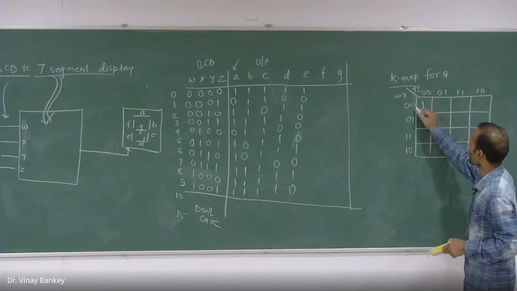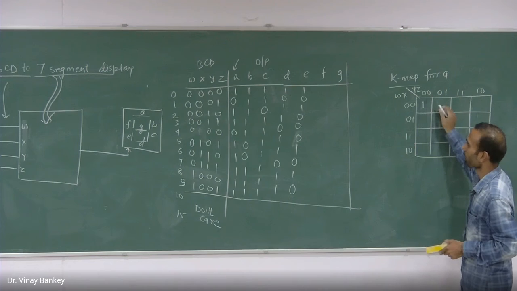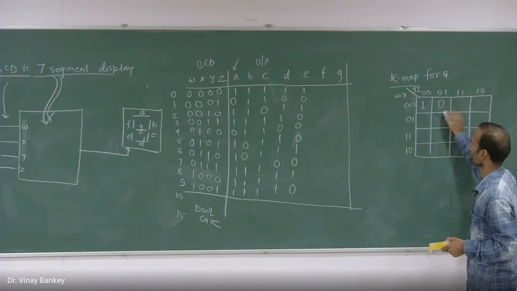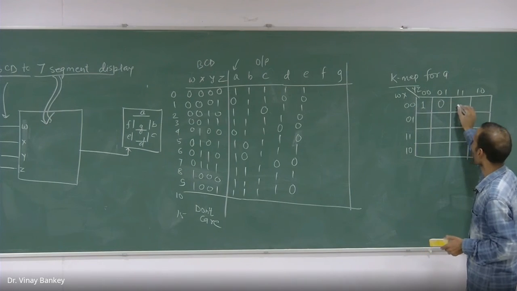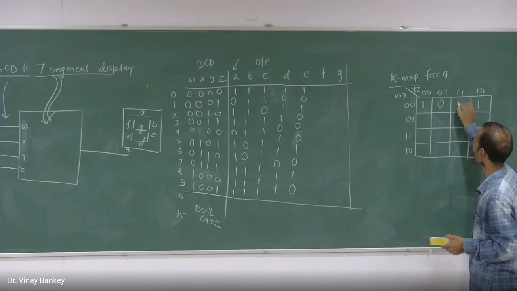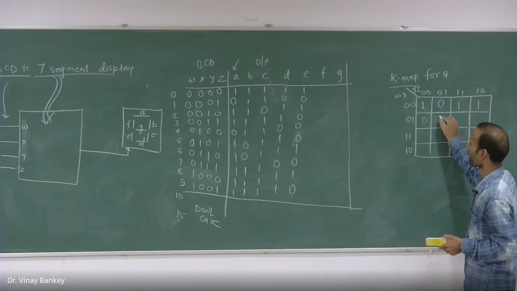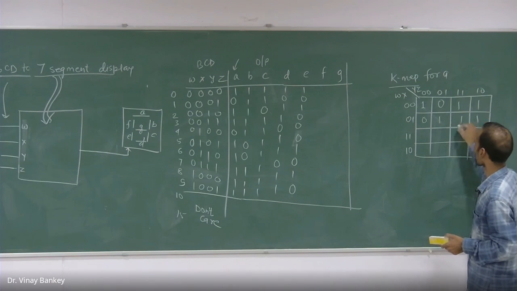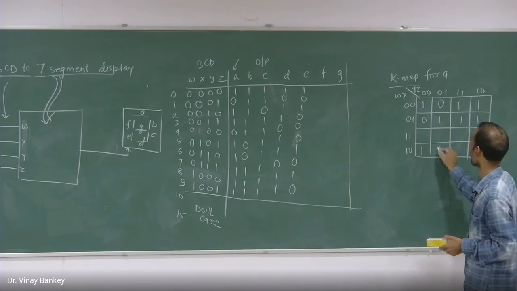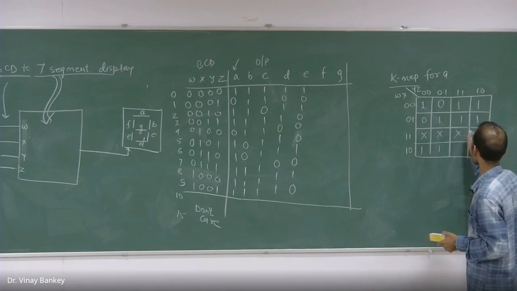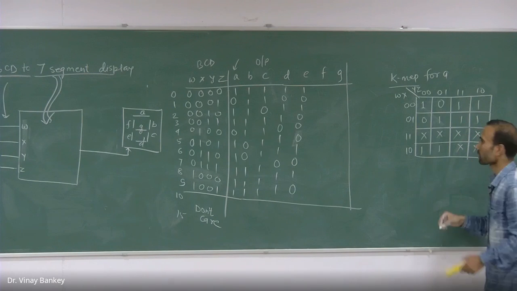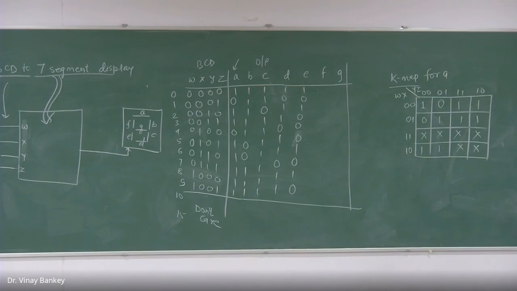So A is high for the combination 0, and for the minterm 2, 3, 4 it is 0, for 5, 6, 7, 8, and 9. And the rest of these 6 cells are don't care. So this way you can populate this K-map.